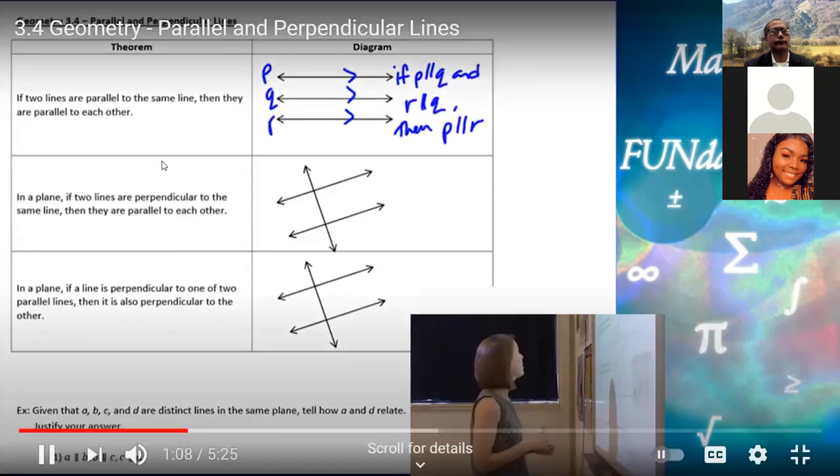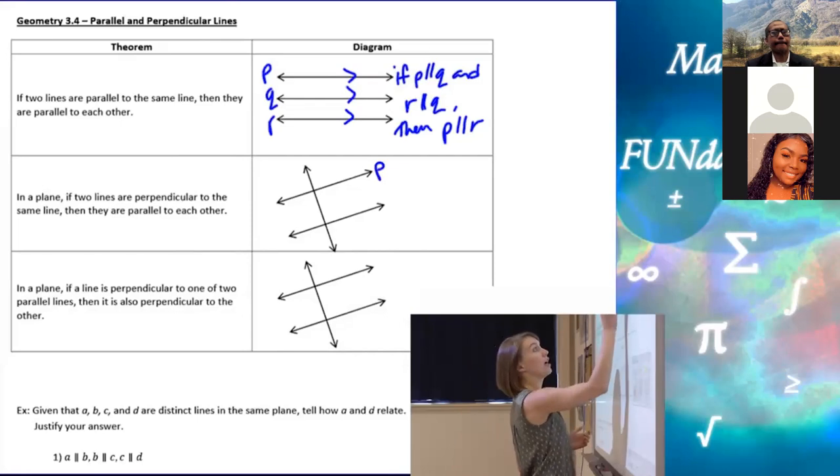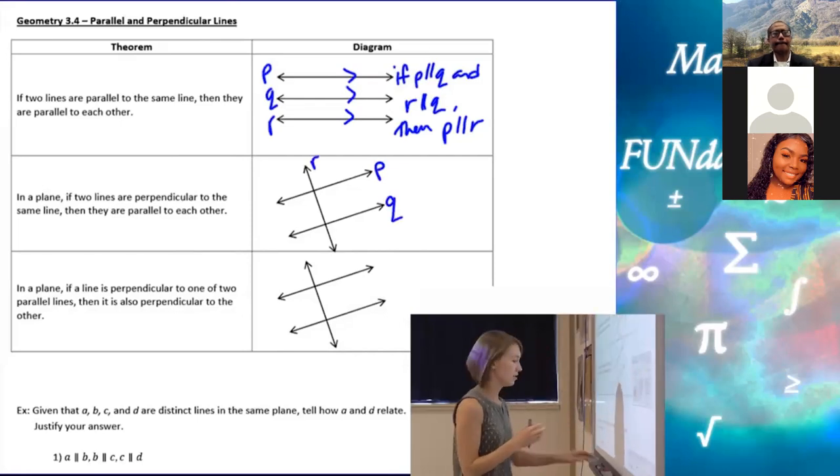Next one says in a plane, so it has to be all coplanar lines, if two lines are perpendicular to the same line, then they're parallel to each other. So let's just use P, Q, and R again, with a slightly different setup.